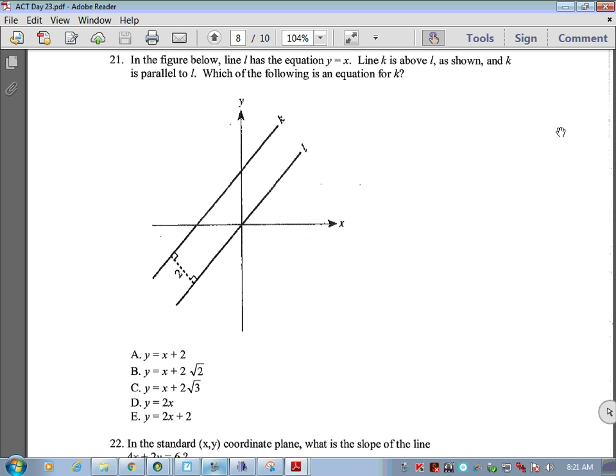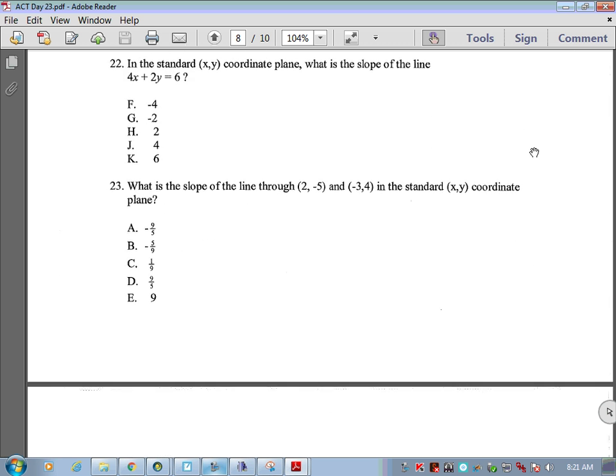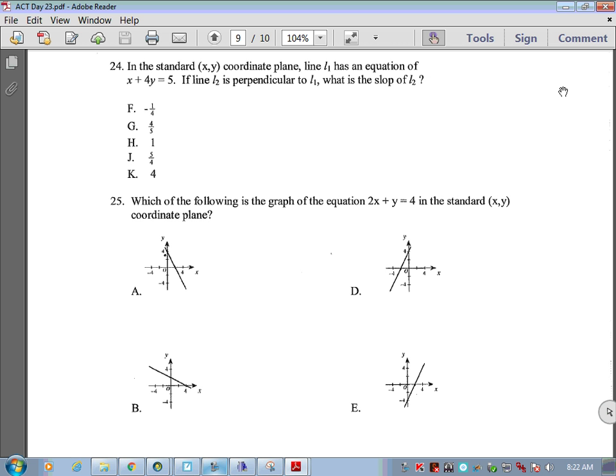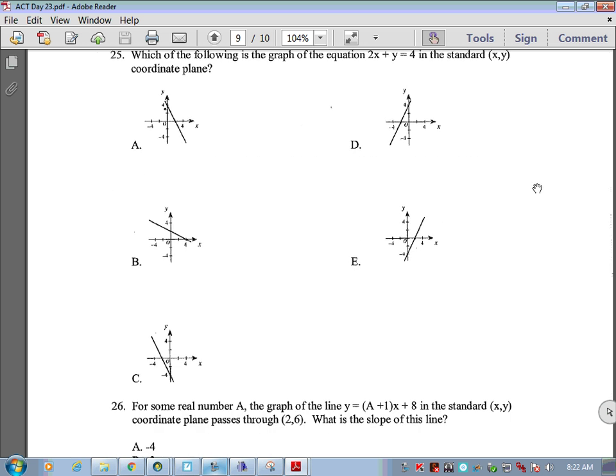Okay. 22 is G, -2. 23 is A, -9/5. 24 is K, 4. 25 is A. Okay, and there's just a graph there, so I can't really read that. It's just A.